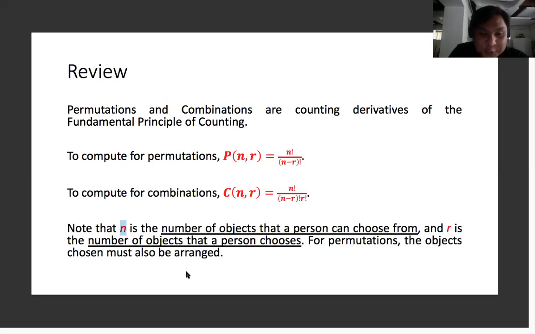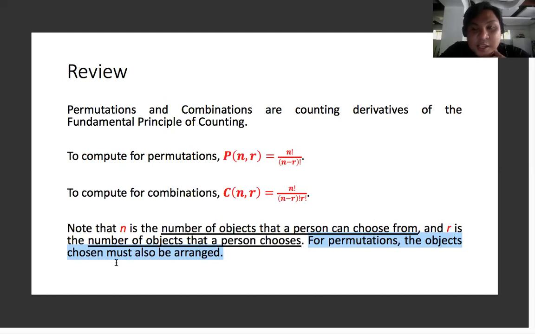Okay, for permutations, there is of course the added condition that the objects chosen must also be arranged. So the arrangement can happen while choosing. It can also happen after choosing. It doesn't matter as long as at the end of the scenario, the objects are going to be arranged. This is how permutations can be differentiated from combinations, right?